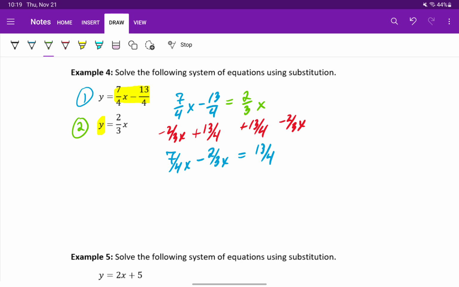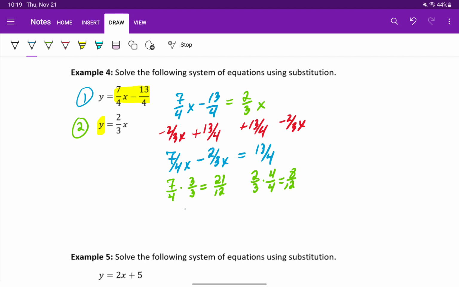We'll need to update both fractions on the left-hand side. The common denominator here would be 12, so we'll take 7/4 times 3 over 3 to get 21 over 12. And for 2/3, we'll multiply by 4 over 4 to get 8/12.